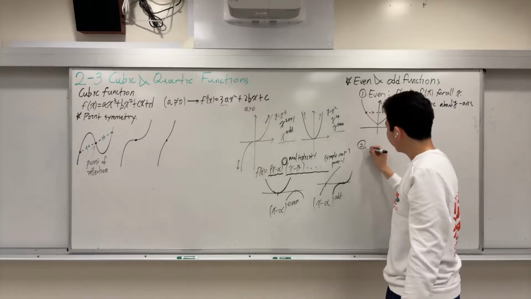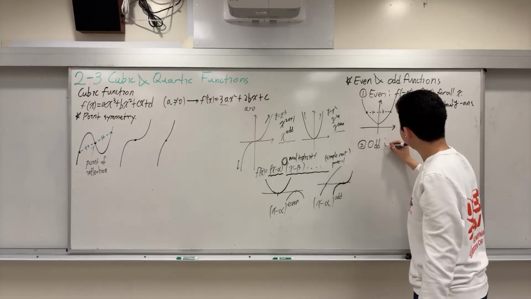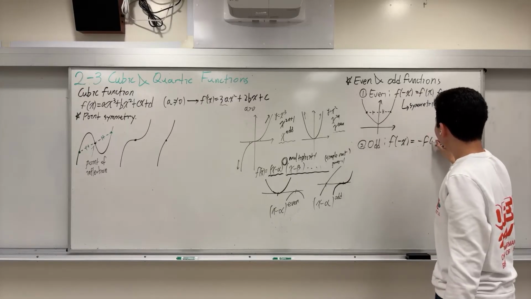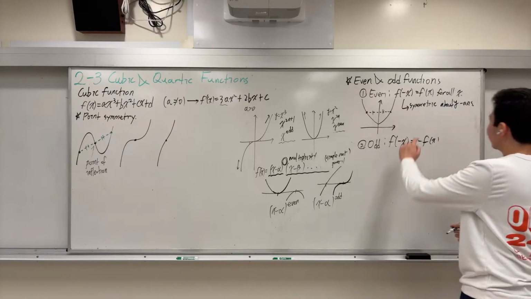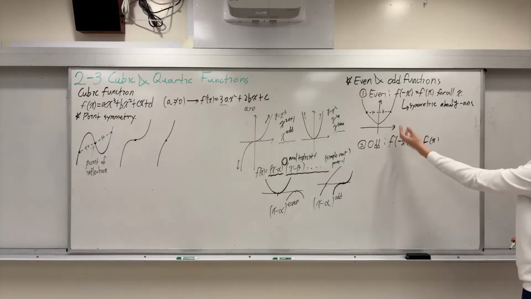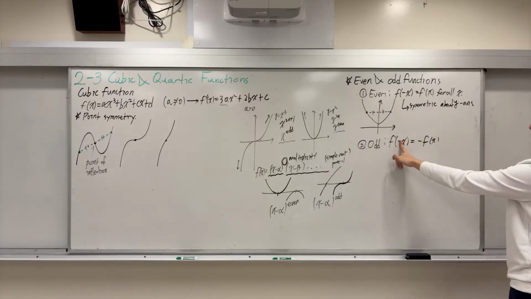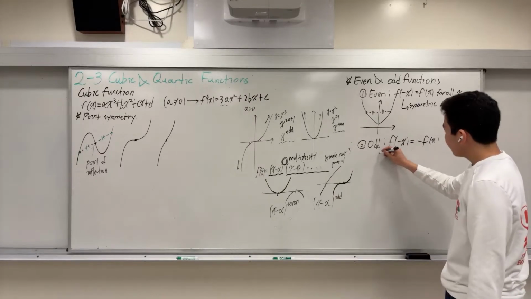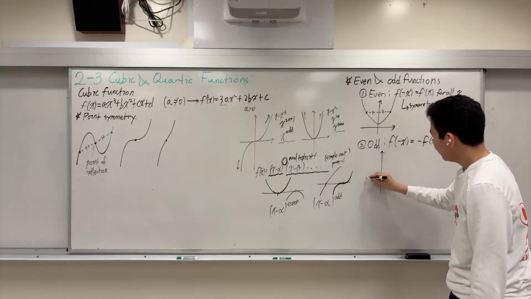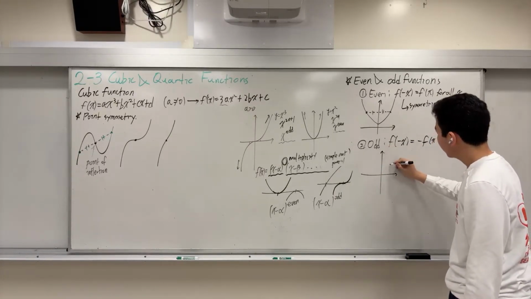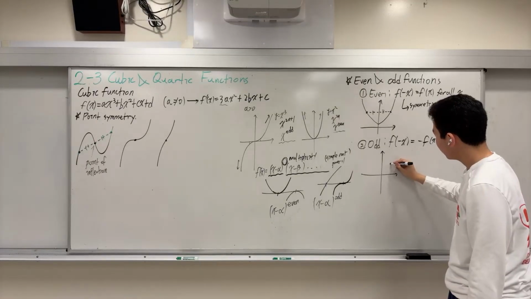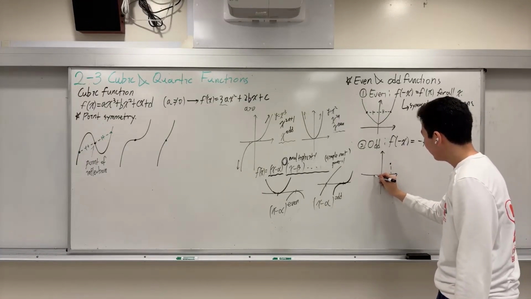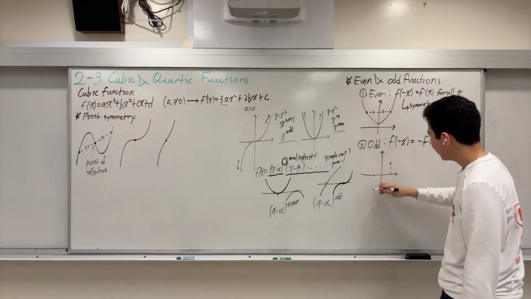And the definition of an odd function is f of negative x equals negative f of x. So now you see there's a sign change here. So maybe you can memorize that as a sign crawling out. So let's think what that means visually. If we have a function value here, then if we go from x to negative x, the y value should be the exact opposite.